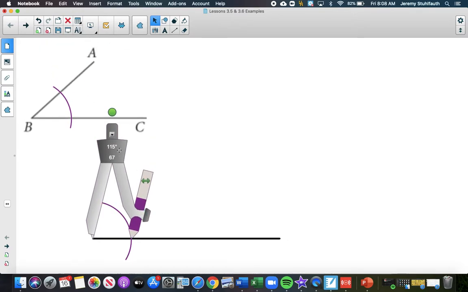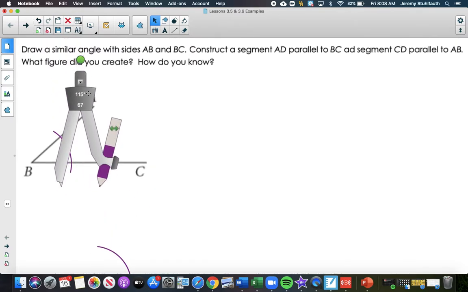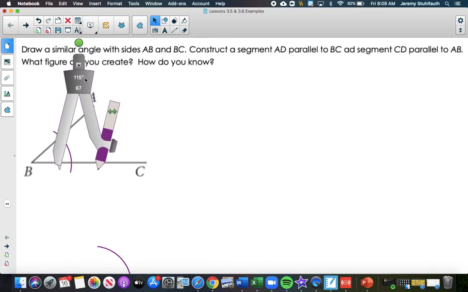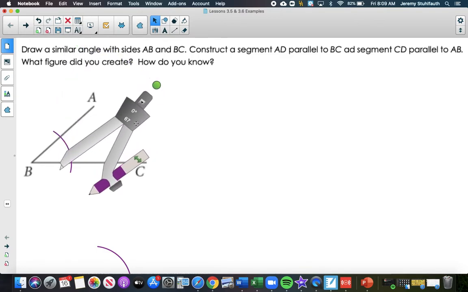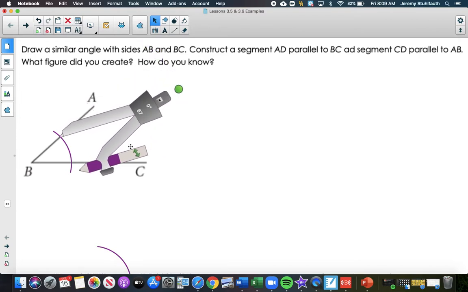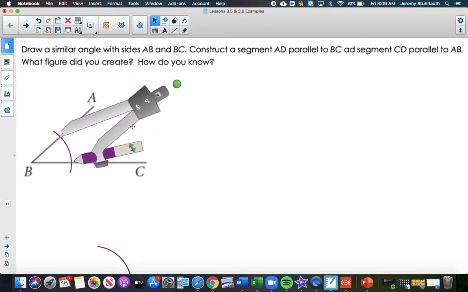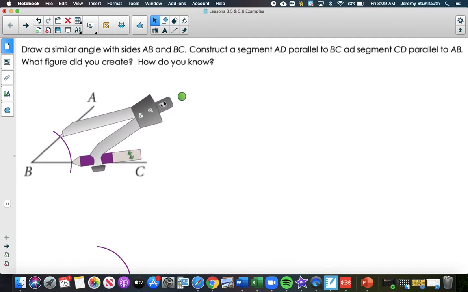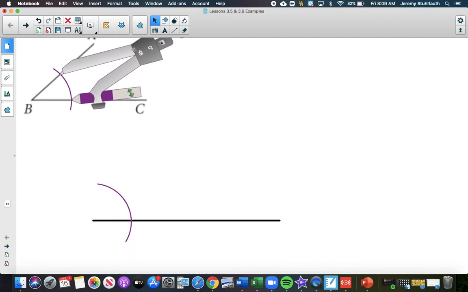After we do that, we take our compass back up to our angle and adjust it so that the width of our compass is the length of that first arc we drew. We have that arc now.